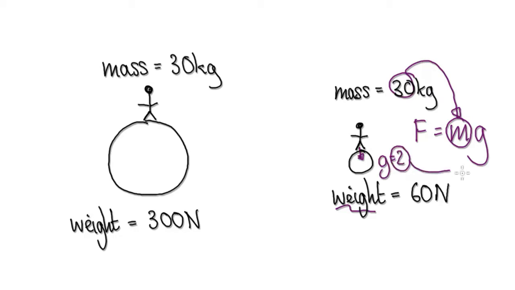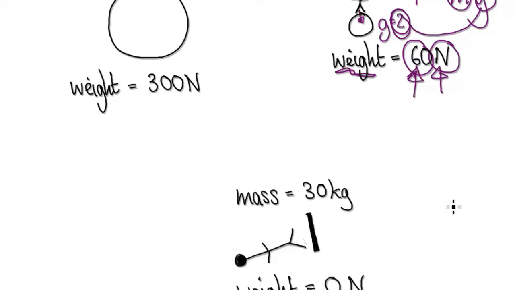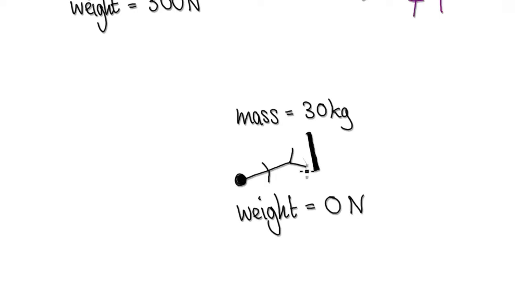So you need to put this 2 into the g here. It would be 30 times 2, which is 60. So your weight is 60, and your weight is your force, and the unit of force is newtons. So it's 60 newtons.